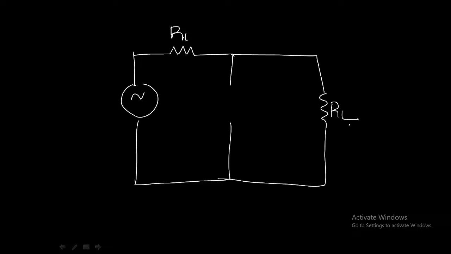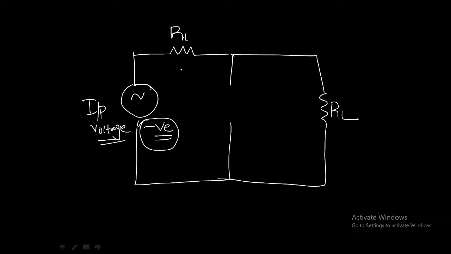This is our input voltage source, and now we are giving the negative phase, not the positive phase. That's why we are getting the open circuit condition of the diode.